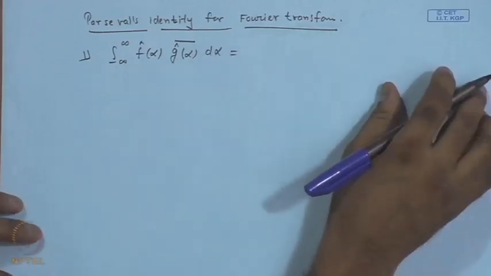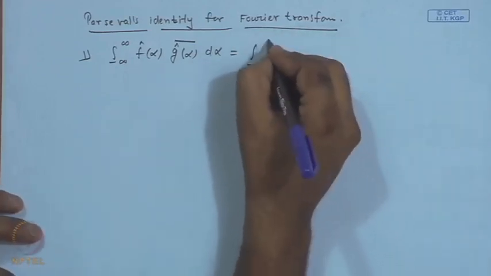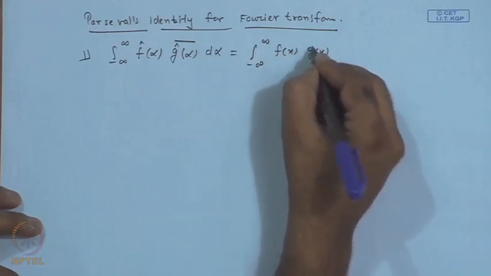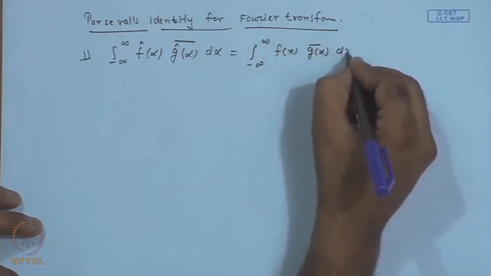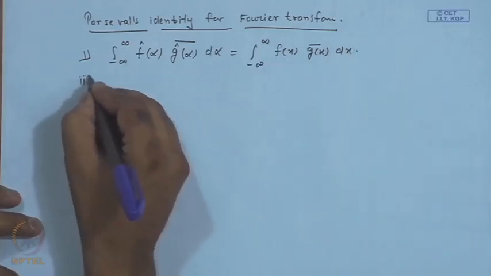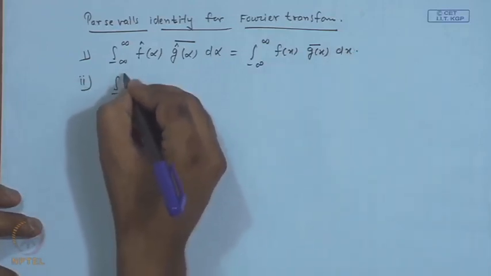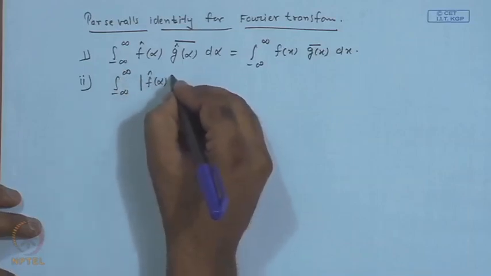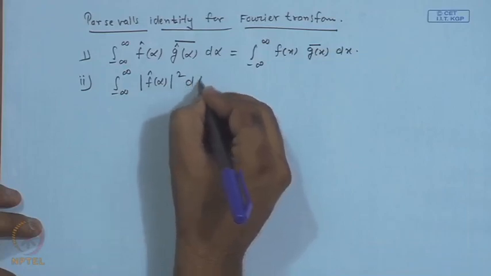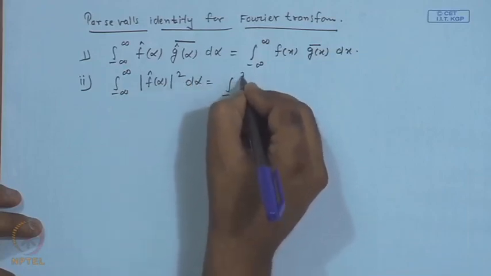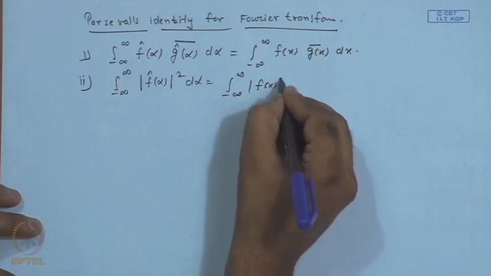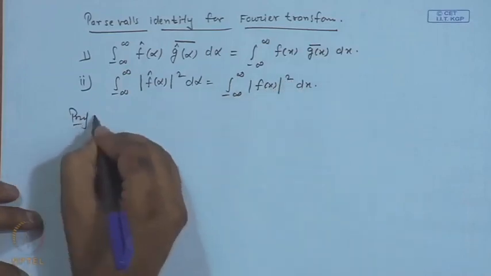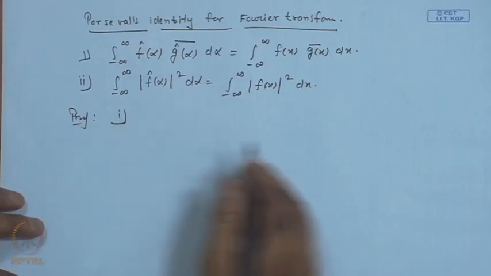If we integrate this with respect to alpha, this is minus infinity to plus infinity f hat alpha and g hat alpha complex conjugate. And the second identity, that's just a particular case of this: the integral of f hat alpha squared d alpha from minus infinity to plus infinity equals the integral of f(x) squared dx. So go for the proof for the first one.